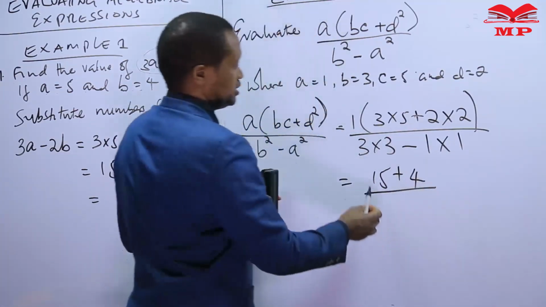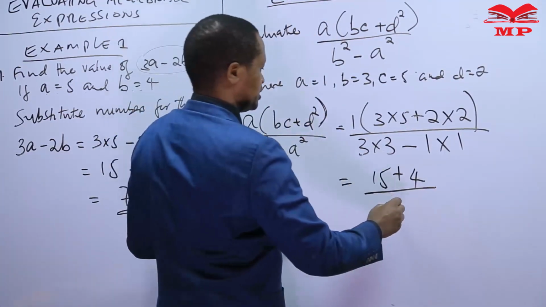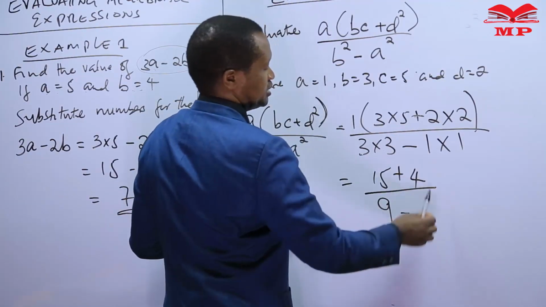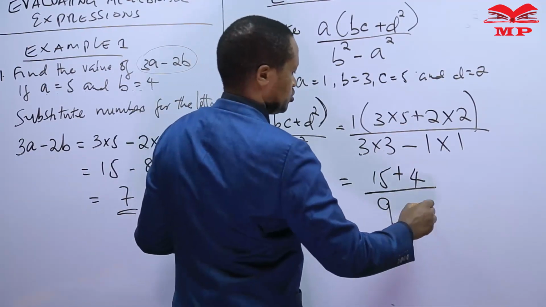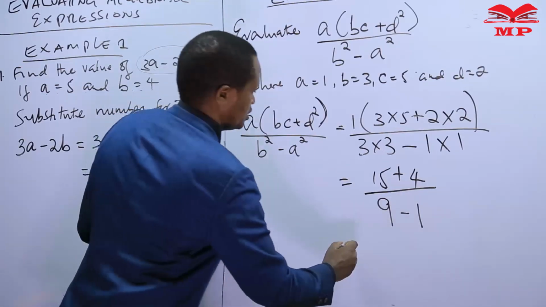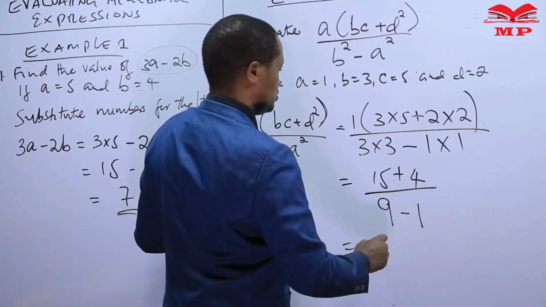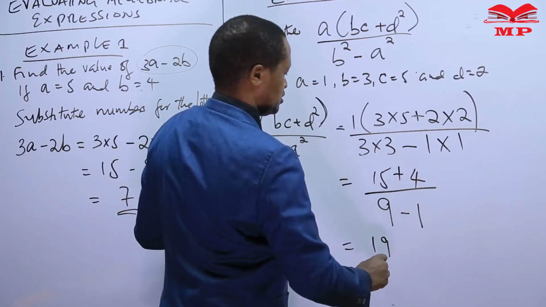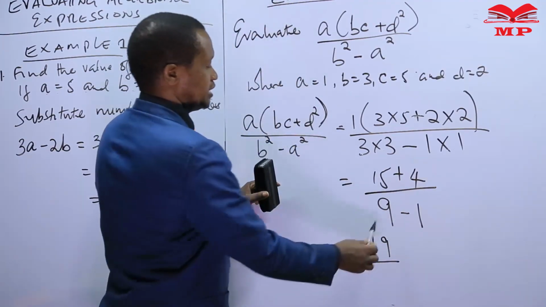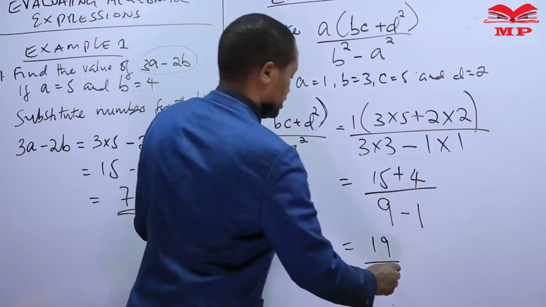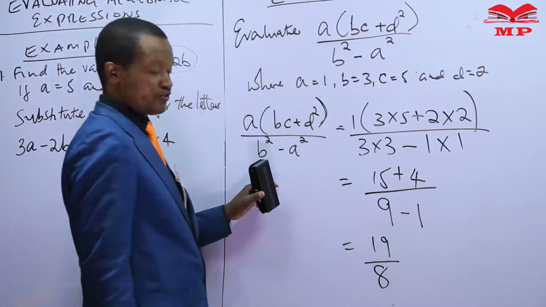Divide by 3 times 3, which is 9, minus 1 times 1 is 1. This should be equal to 15 plus 4 is equal to 19 over 9 minus 1, 8. This is an improper fraction.